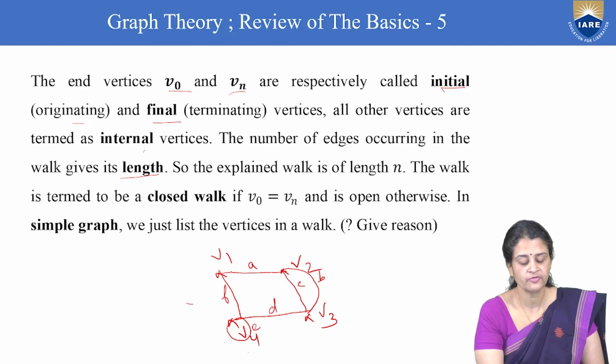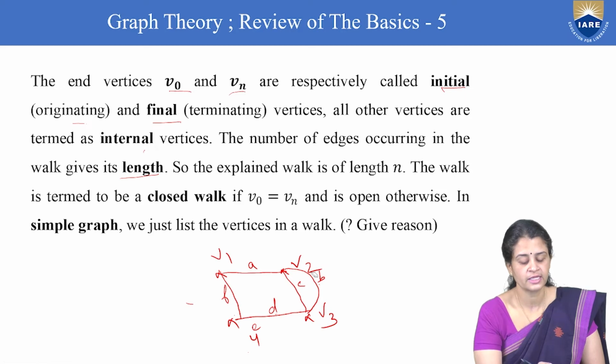I can go V1, A, V2, B, V3, D, V4, E, V4. It is also a walk. Here also I can go V1, A, V2, C, V3, D, V4. Or I can have V1, A, V2, B, V3, D, V4.